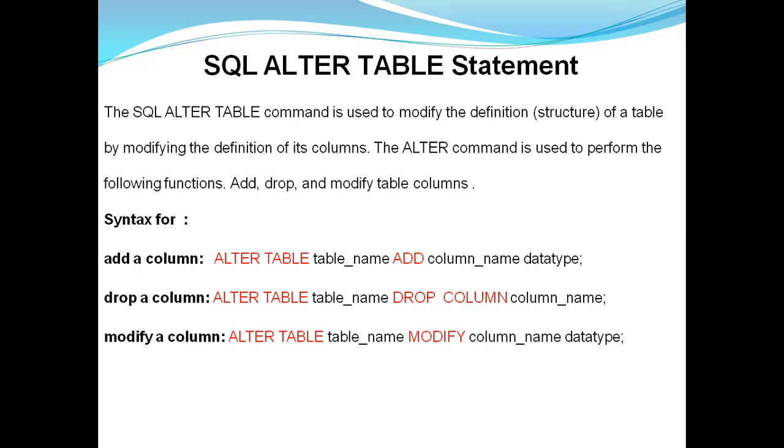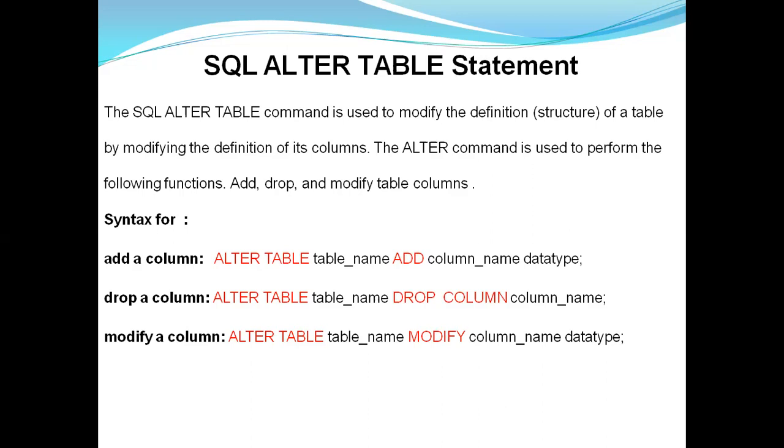Out of these three, the first two are simplest. You can add the column, you can drop the column. But for modifying, you have to keep certain things in mind.